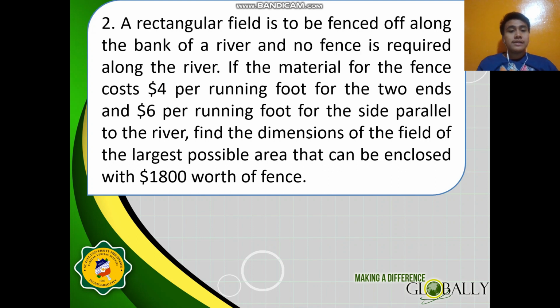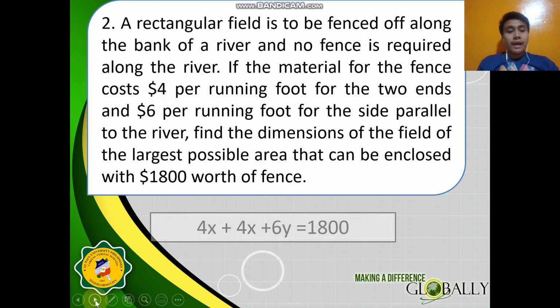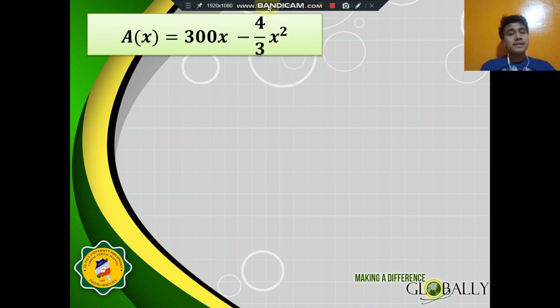So the total cost for the fence for its end is $4x. Similarly, in the case of the third side, it is 6y. So now we have an equation: 4x plus 6y is equal to 1,800.